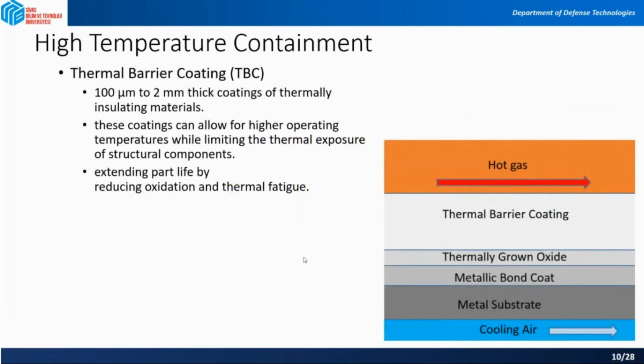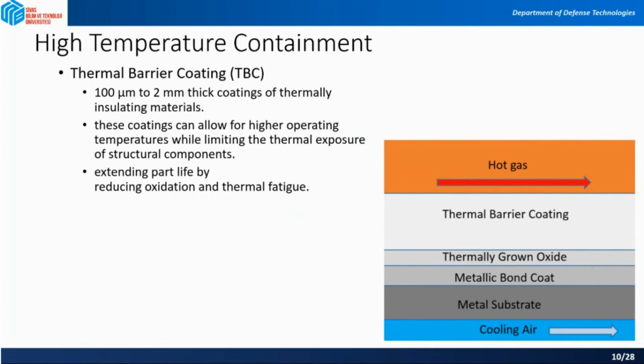Another way is called TBC or thermal barrier coating, and these thermal barrier coatings are some advanced materials systems usually applied to metallic surfaces operating at elevated temperatures.